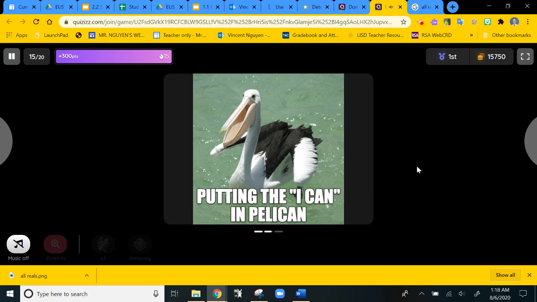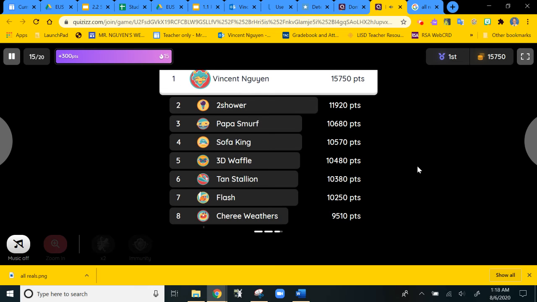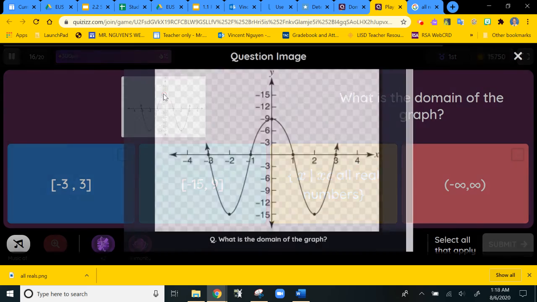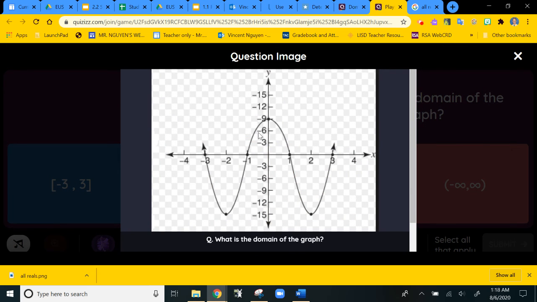Hey, we're at 15. Awesome. Question 16. Oh, it's this graph again with the negative up there. Okay, what are we doing? Domain.